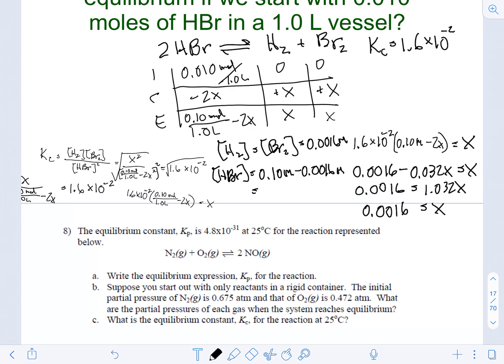So when you do the math of that, you get 0.098 molarity. Okay, so hopefully that helped you figure out how to do a calculation when you're trying to find the equilibrium concentration for all of the reactants and products.